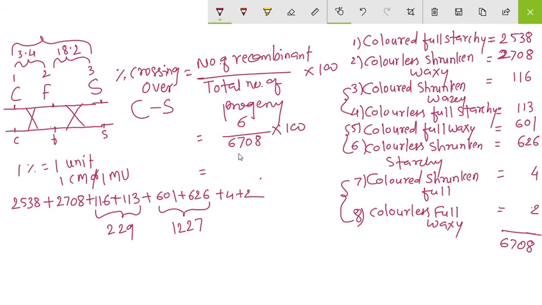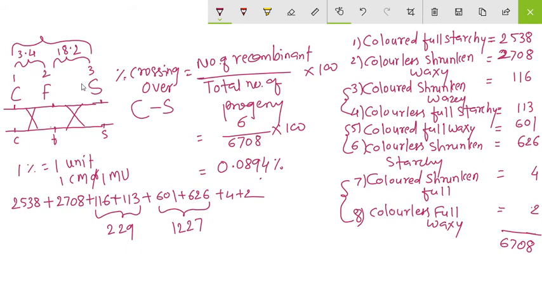So 6 divided by 6700, the total progenies, into 100. This gives the result 0.0894%. So it is the result of double crossover. It is not the distance between F and S.